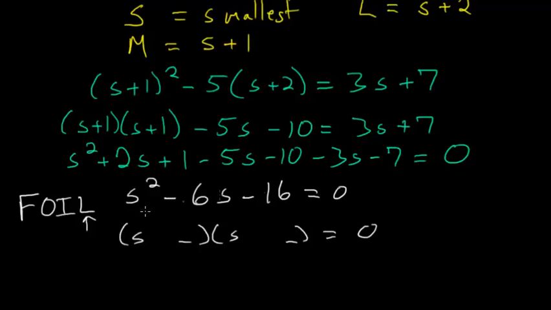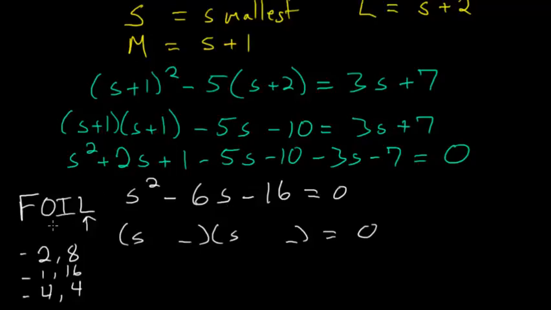So the numbers that multiply to get 16 are 2 and 8, 1 and 16, or 4 and 4. And one of these has to have a minus sign on it, so I'm going to put that in front, though it could be on either of the numbers. And our clue to figure out which of these pairs is correct is this minus 6s.